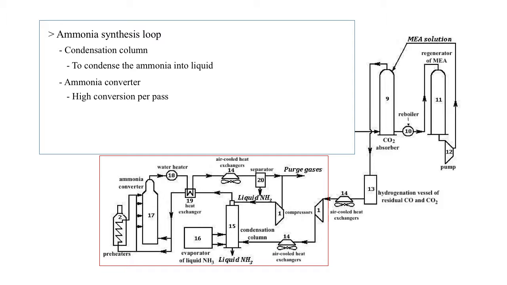The ammonia converter is for high conversion purposes with high temperature. The high temperature outstream is fed into a heater, which is used to heat up the water for the heat exchanger. The effluent is then cooled down and passed through a separator to separate liquid ammonia and purge gas.